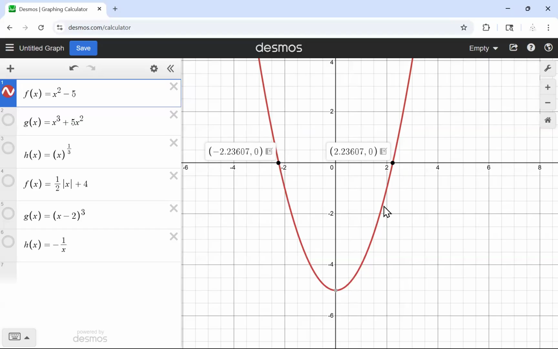So since this is symmetric about the y-axis, in other words, if I draw a line through the y-axis, the left-hand side and the right-hand side are mirror images of each other, that shows that this graph is even. I should say, not that the graph is even, but that the function that produced this graph is an even function.